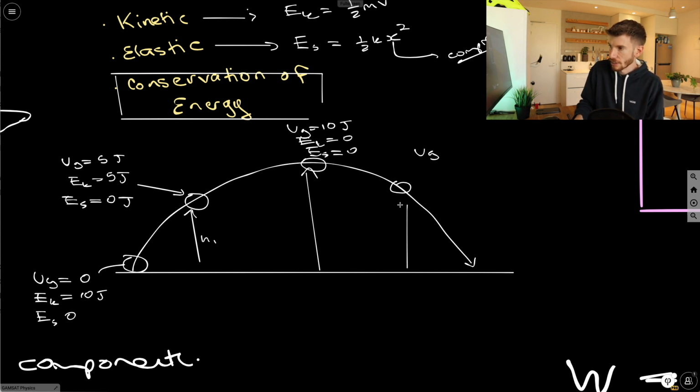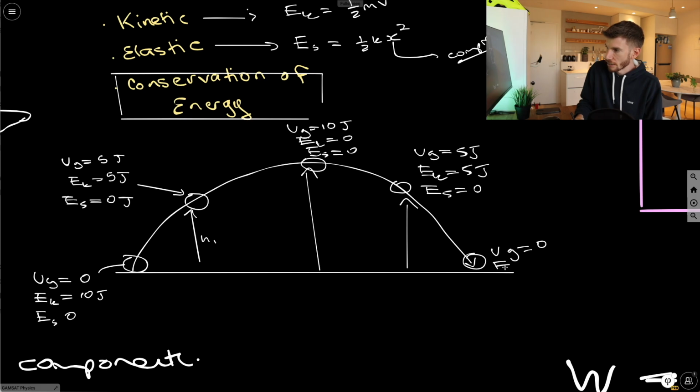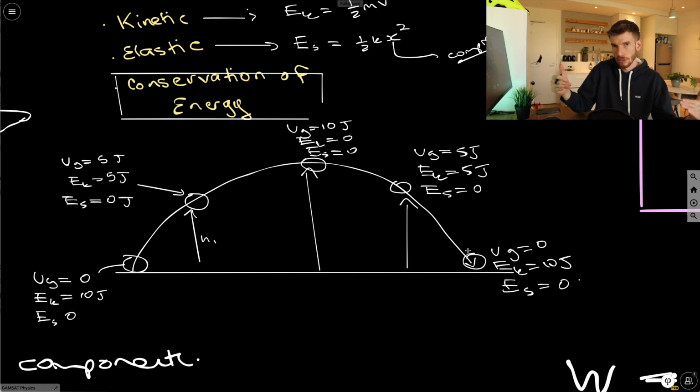Now its height is decreasing. So UG starts decreasing, back down to say 5 joules, and then kinetic would pick up the slack, and ES would be 0. Finally it hits the ground, and again its UG is going to be back down to 0, its EK would be all 10, and ES would be 0. So throughout, the entire total energy remained constant, therefore energy was conserved.